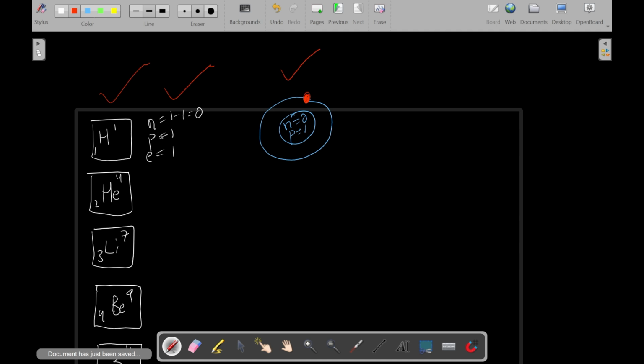Now, in a few minutes, I will tell you a technique by which, looking at this atomic structure, you can define the group and the period of the element, right? Now, hydrogen is a special case.